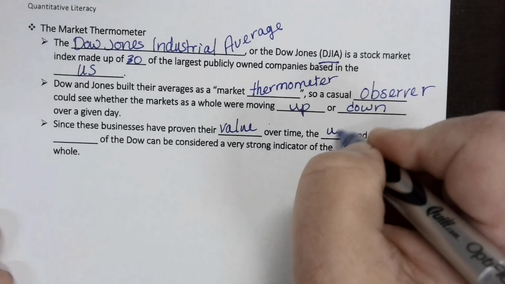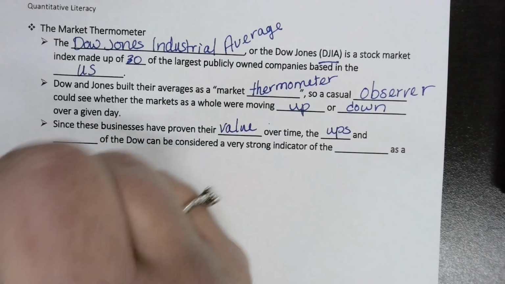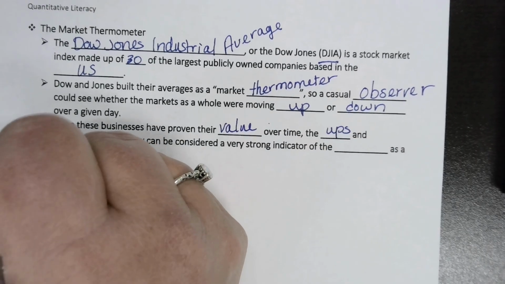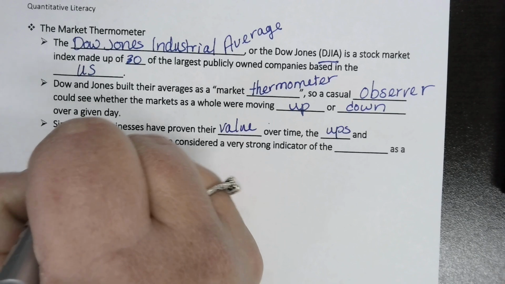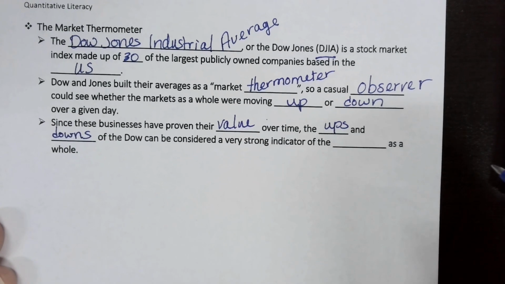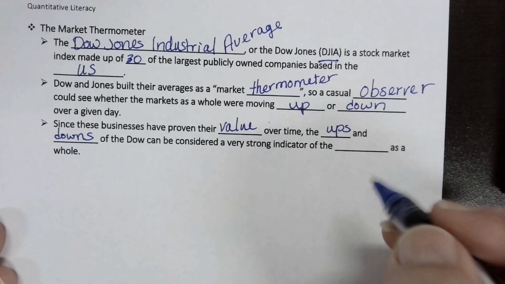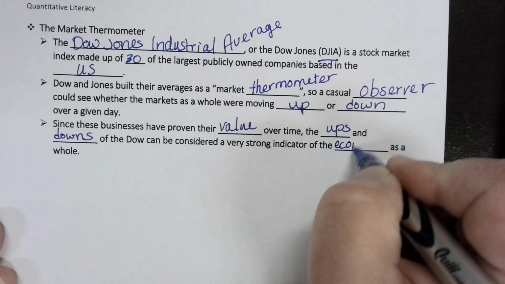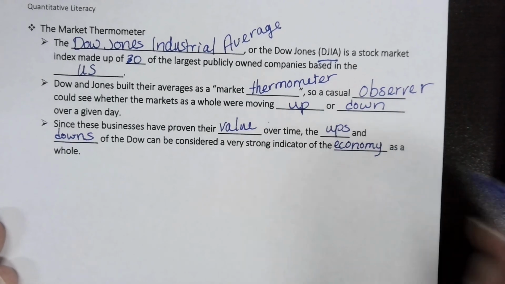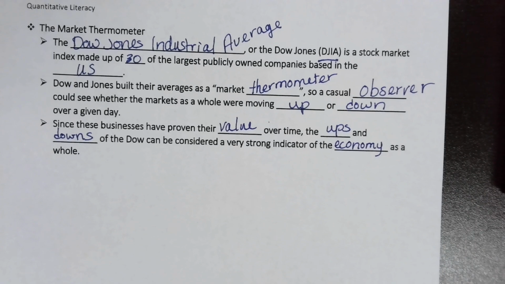The ups and downs that those businesses exhibit in this index can be considered a very strong indicator of the economy as a whole. And that's it for lesson 5.3.